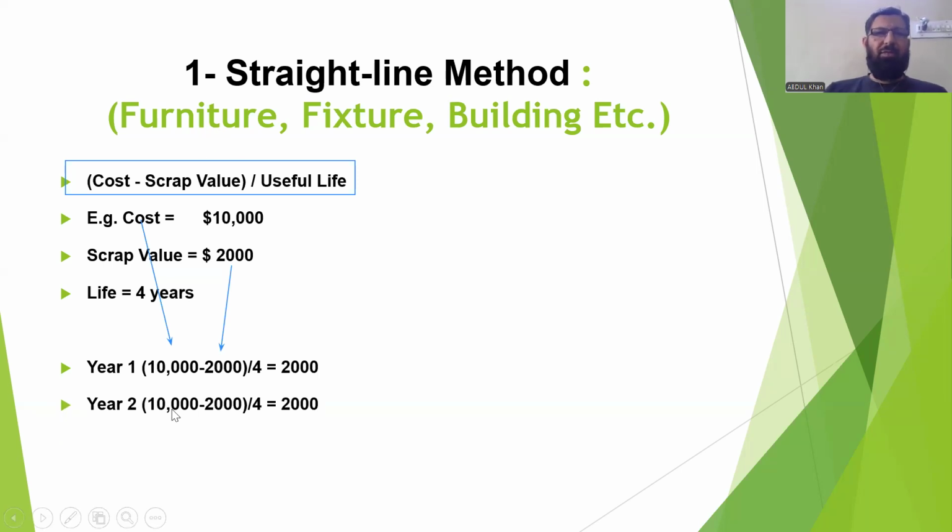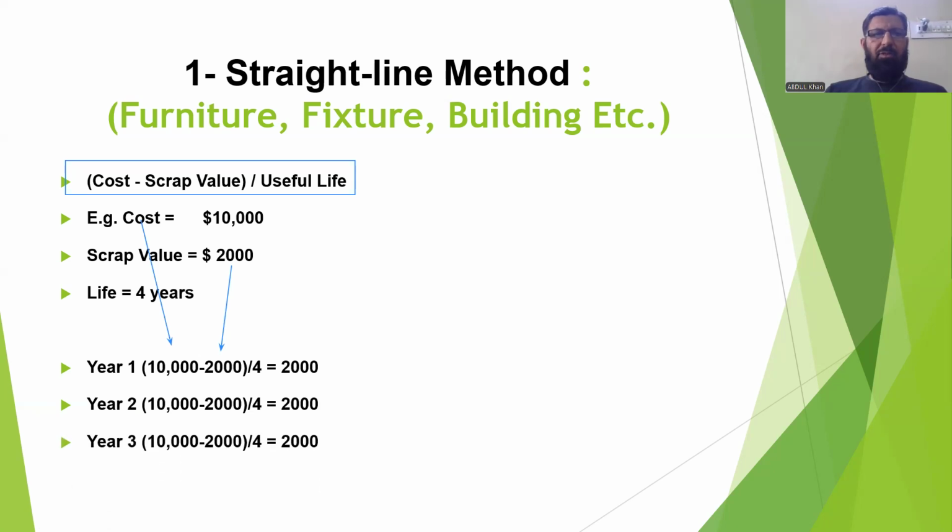So furniture costs 10,000, minus 2,000, divided by 4, you get 2,000. In year two also you do the same thing: same cost minus scrap value divided by 4, again 2,000. That is why it is called a straight line method, because depreciation of each year is the same, provided you have only a single asset. If you buy more assets, you calculate in the same way.